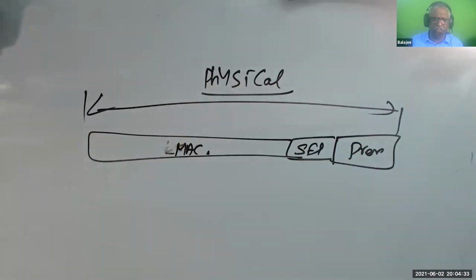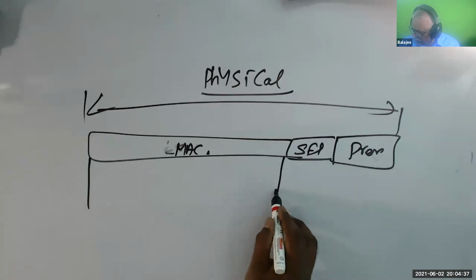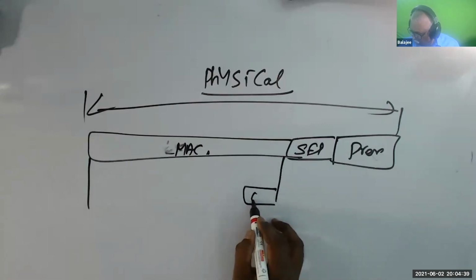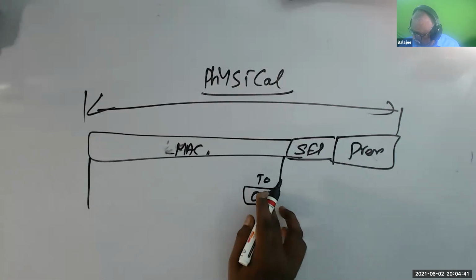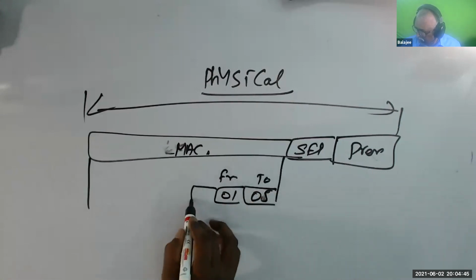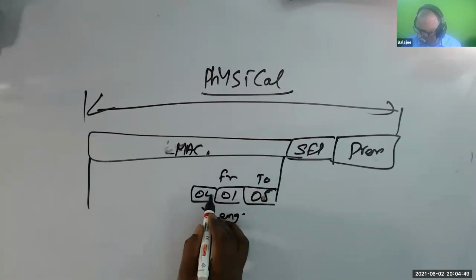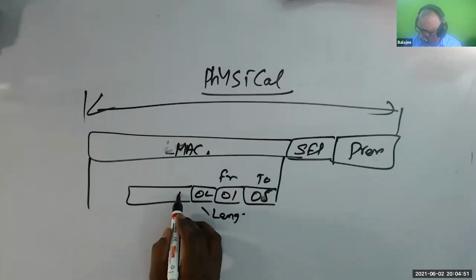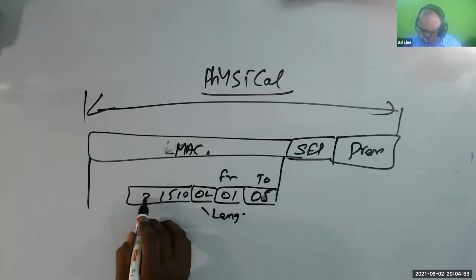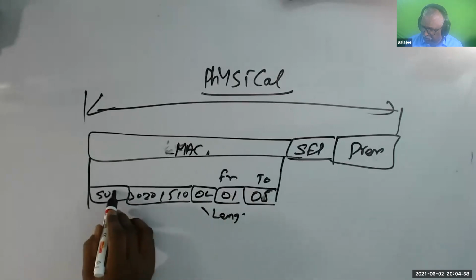This is called physical. Now you take the MAC one that contains two addresses: 05, 01 from address, then length 04, then data 10, 15, 20, 30. Then I have a sum.